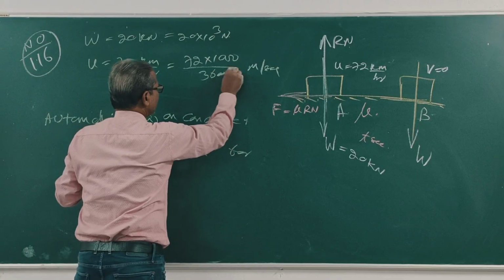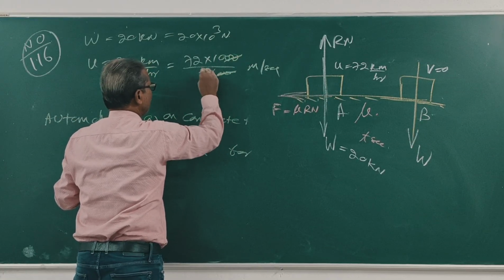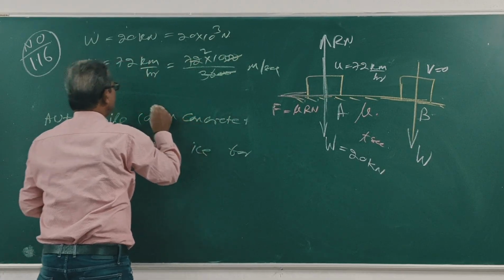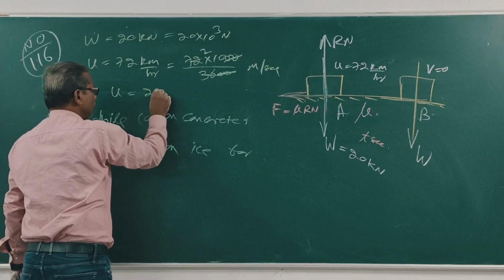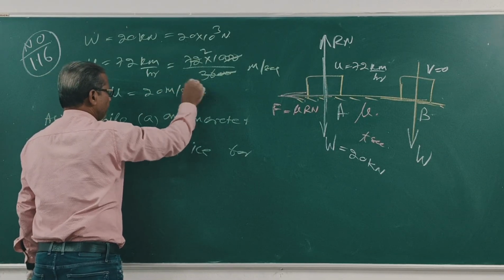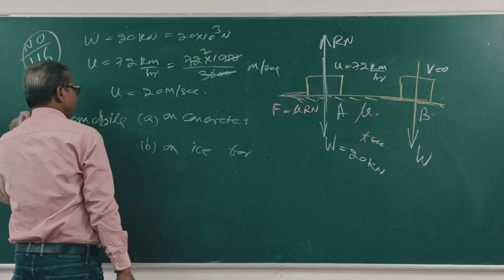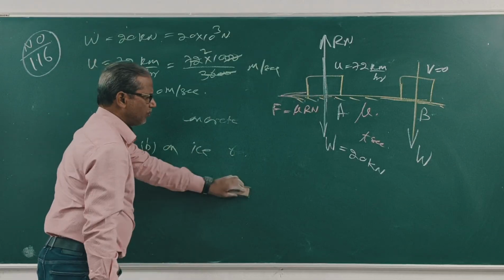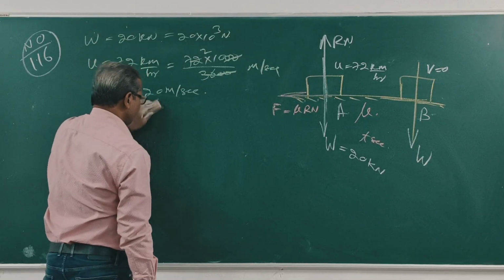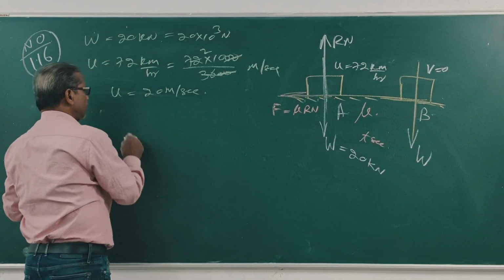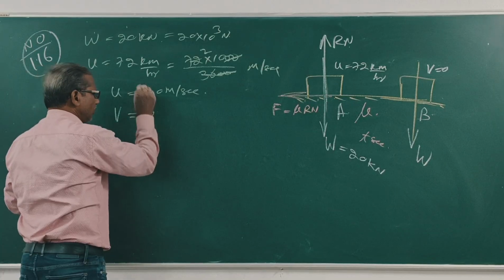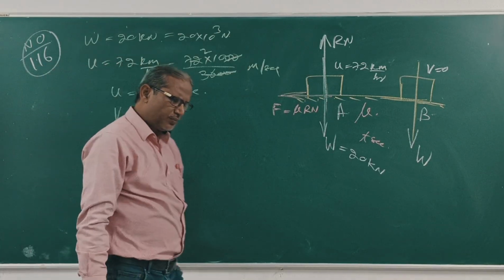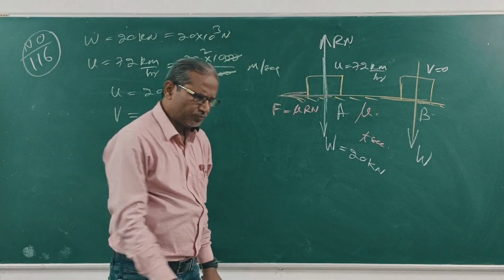Right? So 2 zeros cancel out, so U is equal to 20 meter per second. The vehicle comes to stop, V is equal to 0.